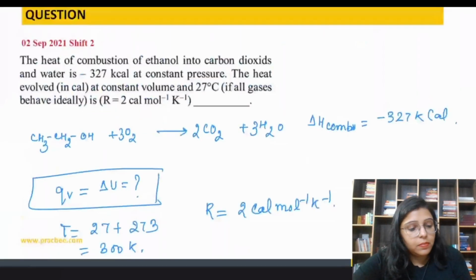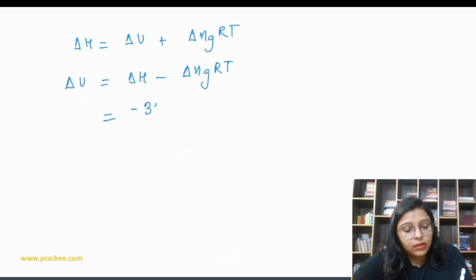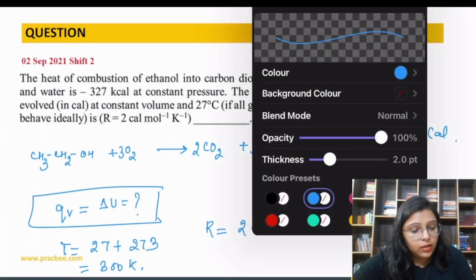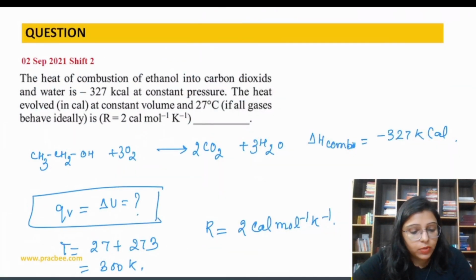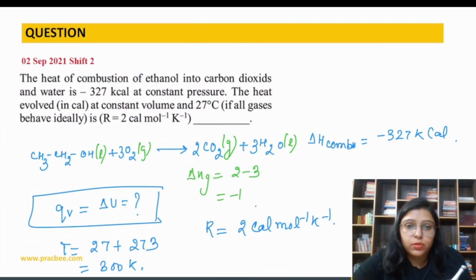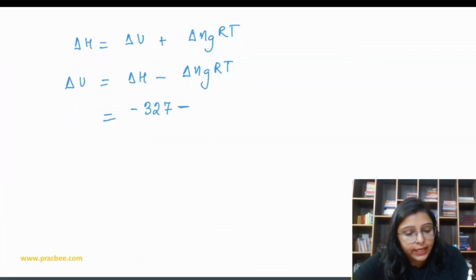Delta H is minus 327. So delta Ng is how much? CO2 is gas and water is liquid, so delta Ng is 2 minus 3, which is equal to minus 1. R value is 2 and temperature is 300.